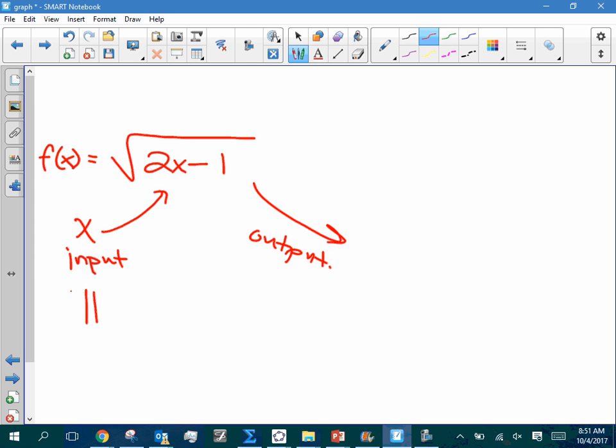The input value should be a real number, and the output value should also be a real number. Now, if I plug in an input value that's a real number, but the output value that comes back out is an imaginary number, that initial input was a domain problem. It was a domain issue.